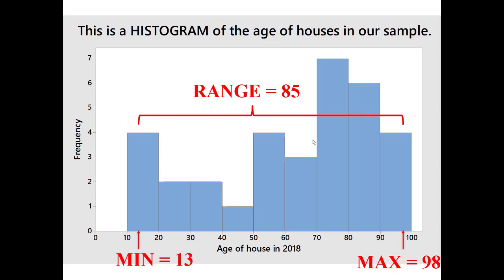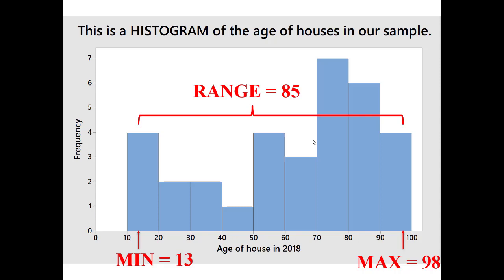And one thing to recall about histograms is that your bins don't necessarily have observations from each year contained within them. So this one goes from 90 to 99. I guess technically up to 100. At this point, the oldest house that we have is actually 98 years old. So we don't have any houses that are 99 years old.